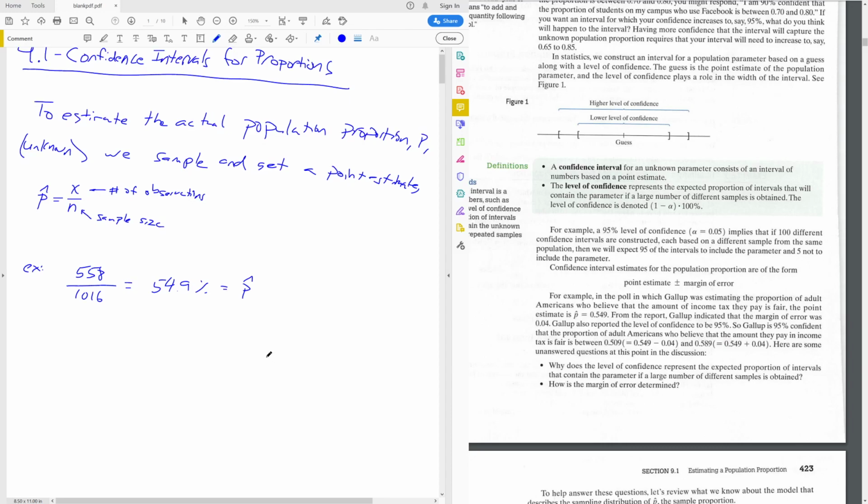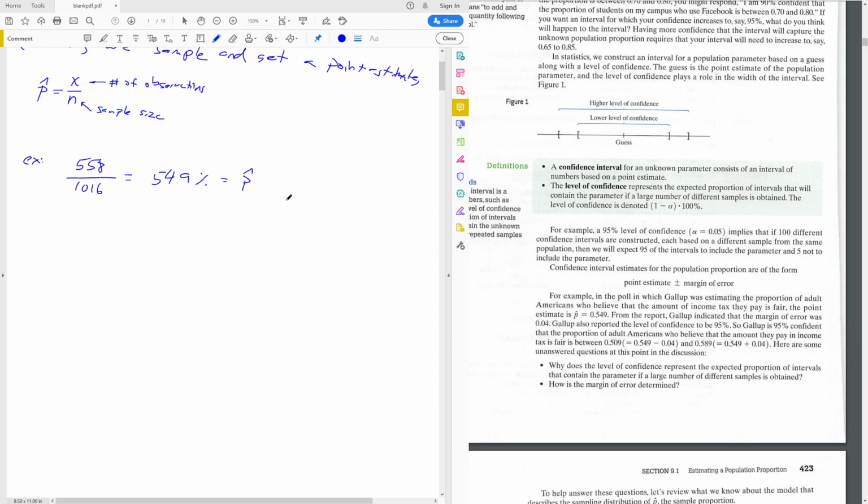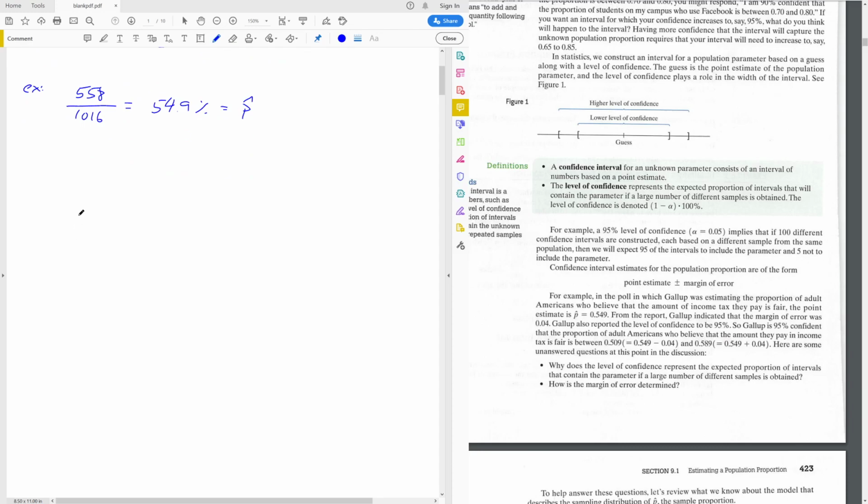If I wanted to be 100% confident, I could say that I'm 100% confident that the percentage of Americans who believe their income tax is too high is between 0 and 100%. You can't really argue with that. That isn't helpful, but I am 100% confident that it's somewhere in there.